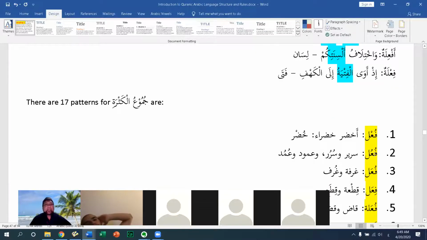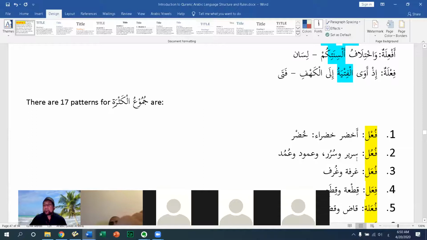So those are 4 of them with examples. We have here 17 of them. I'll just read them real quickly. You really don't have to remember them. We have fu'alun, for example, akhdaru khudra'u. Fu'alun, khudrun. Khudrun is plural. Sarirun, sururun.